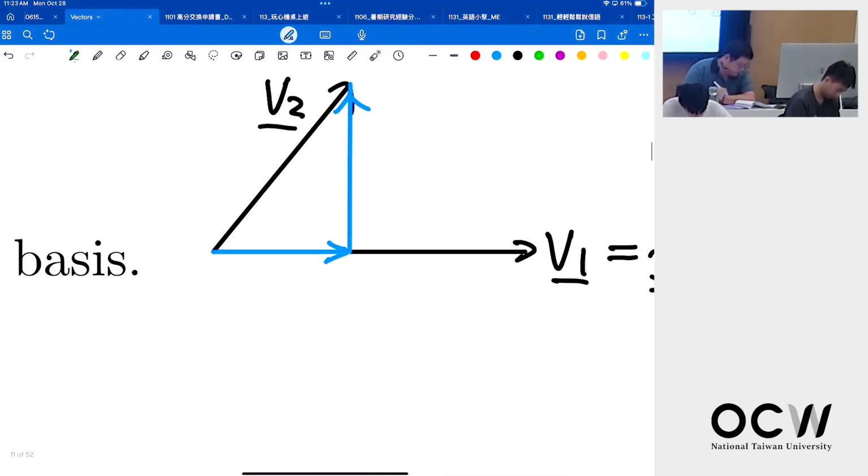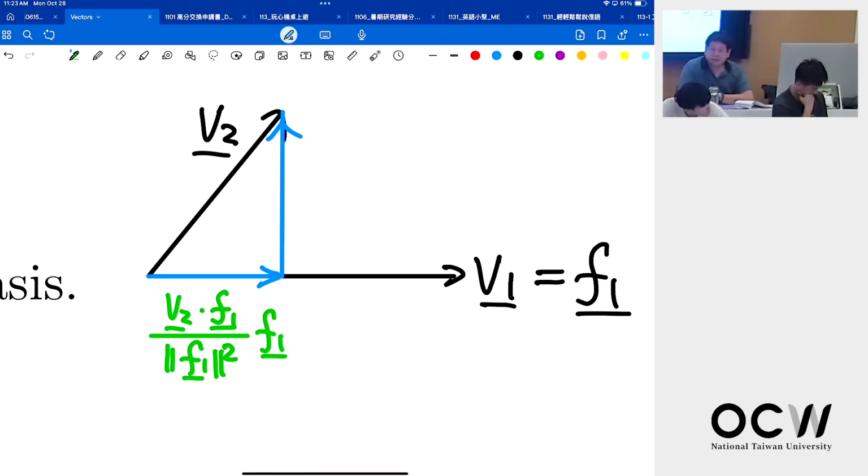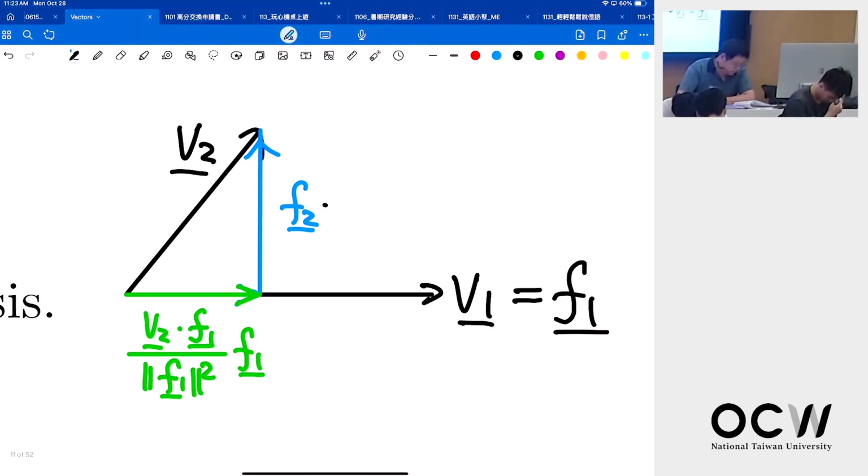So how do we get the projection? V2 inner product F1, which is just V1, divided by the norm of F1 squared, then times the direction F1. And this is F2, the blue one. F2 will be your V2 minus this part.